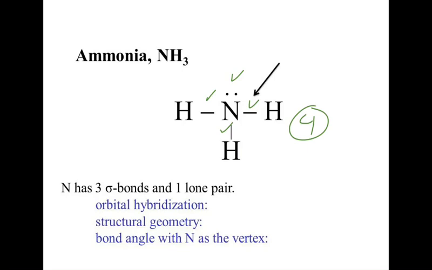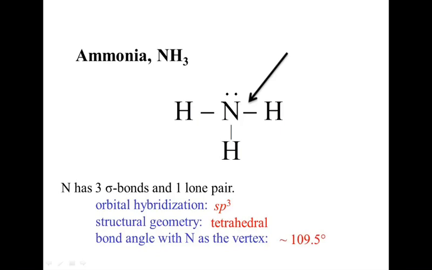So we can answer these questions. That nitrogen atom has undergone sp3 orbital hybridization to send out 4 equal hybridized orbitals. We also now know its geometry is tetrahedral. You will be making these to convince yourself of that. And the bond angle in any tetrahedral situation is about 109.5. We're going to talk about that tomorrow.